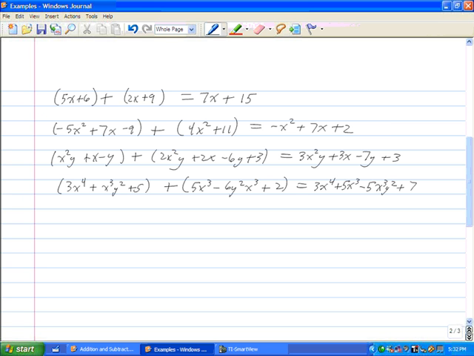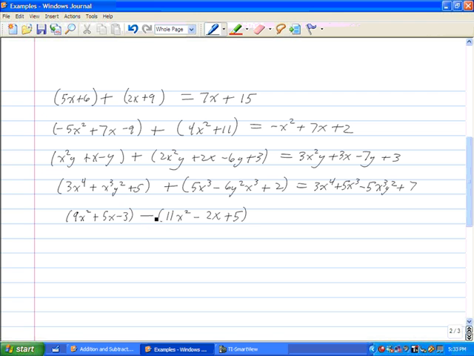And with subtraction, there's not much more to it than combining like terms again. Let's say I had 9x squared plus a 5x minus 3. And I want to subtract from that an 11x squared minus 2x plus 5.